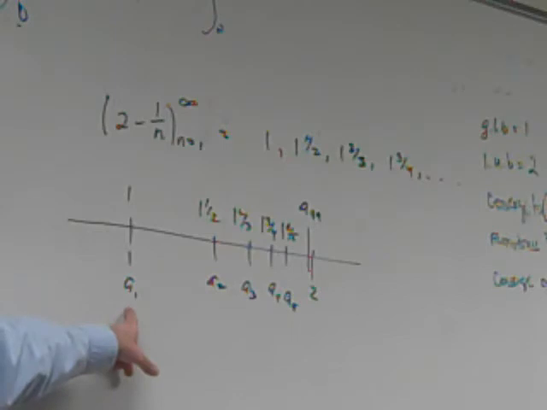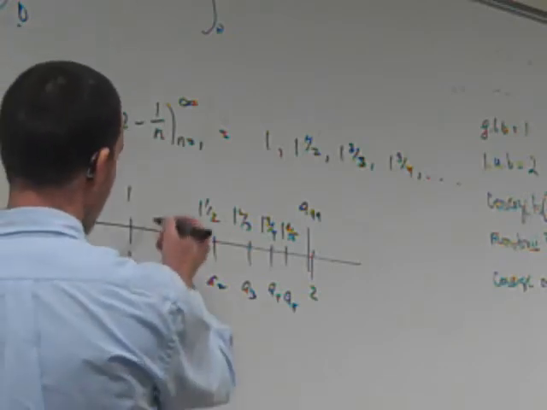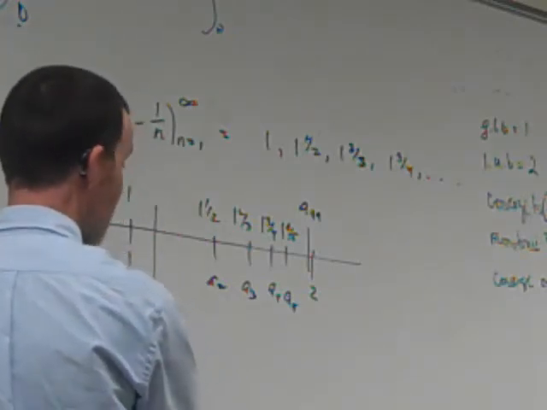Is this the only lower bound? No. What's another lower bound? 0. What's another lower bound? Yeah. How many lower bounds are there? Infinitely many. Why do I call this the greatest lower bound? Well, I call it the greatest lower bound because no other lower bound is greater than it.